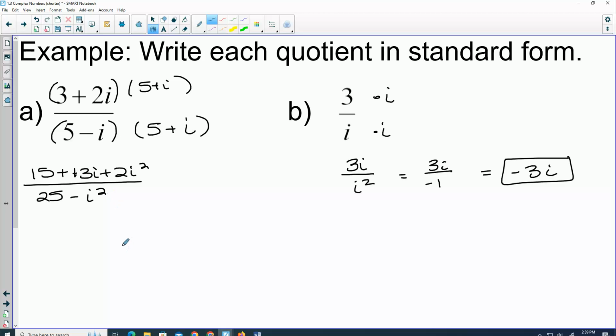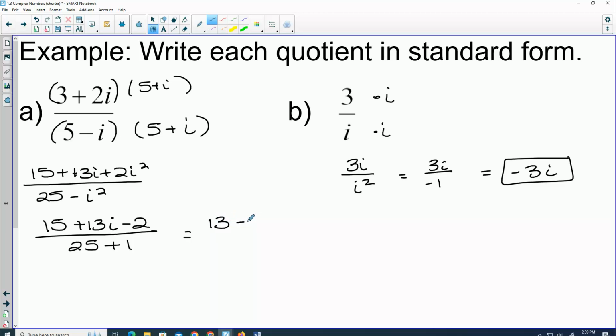Minus i squared. On top, 15 plus 13i. 2i squared is equal to negative 2. On the bottom, we have 25 minus i squared, which becomes plus 1, so 26.